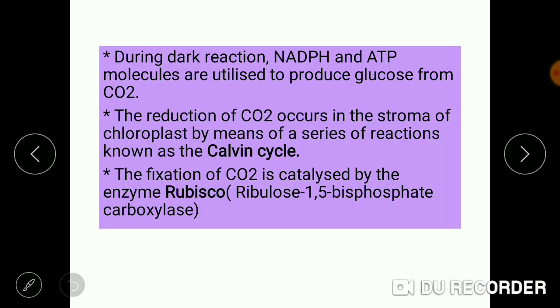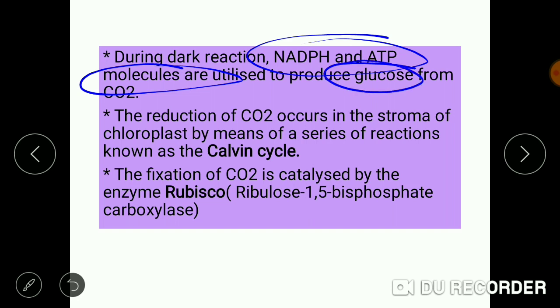During the dark reaction, the NADPH and ATP molecules which were prepared during the light reaction are utilized, and it helps in production of glucose, which is the end product of this dark reaction.